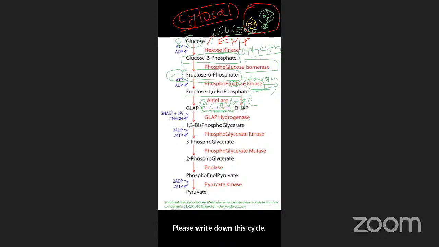The 6-carbon fructose 1,6-bisphosphate is cleaved into 3-carbon glyceraldehyde 3-phosphate, GLAP, and dihydroxyacetone phosphate. Both are 3-carbon compounds.